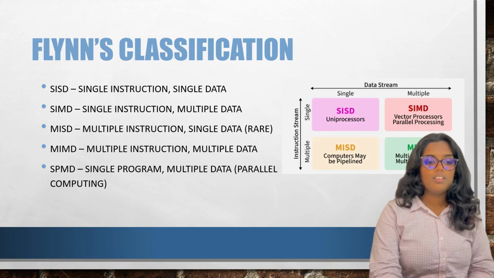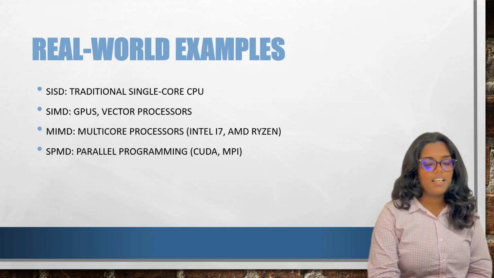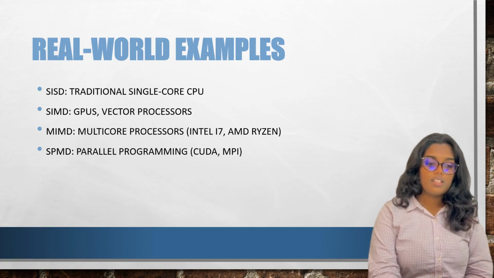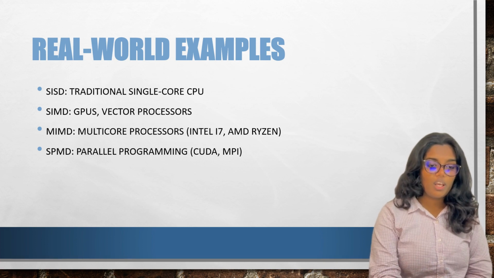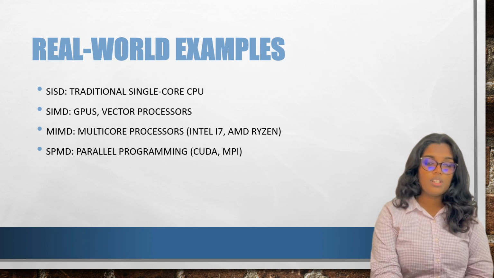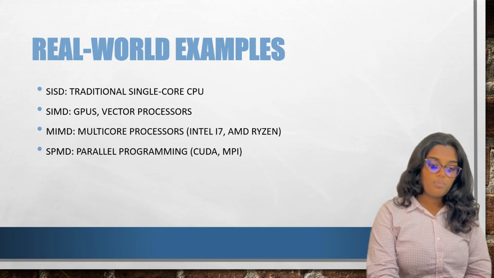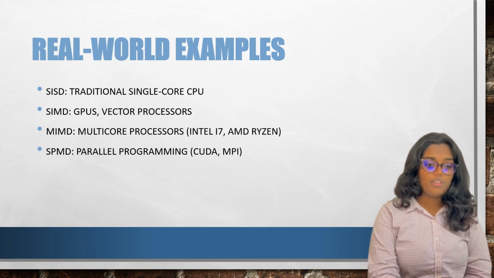Now we'll see real-world examples for Flynn's classification. Here are real examples for them. For SISD, single instruction, single data, standard laptops or desktops use a single core CPU. Single instruction, multiple data is used in graphics processing units used for gaming and AI computations.